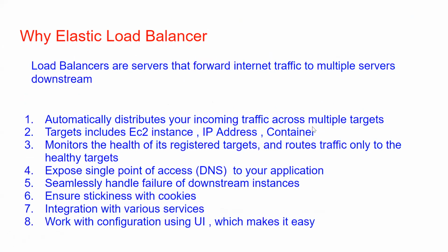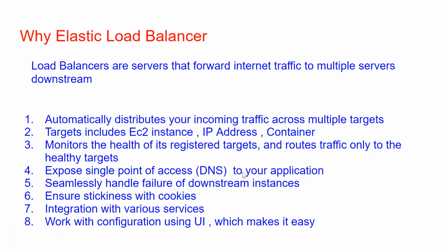It checks the health of the targets, which also ensures that your system is highly available. Your targets could be containers, IP addresses, AWS Lambda, or your EC2 instances. ELB monitors the health of its registered targets and routes traffic only to the healthy targets, and exposes a single point of access to your application.